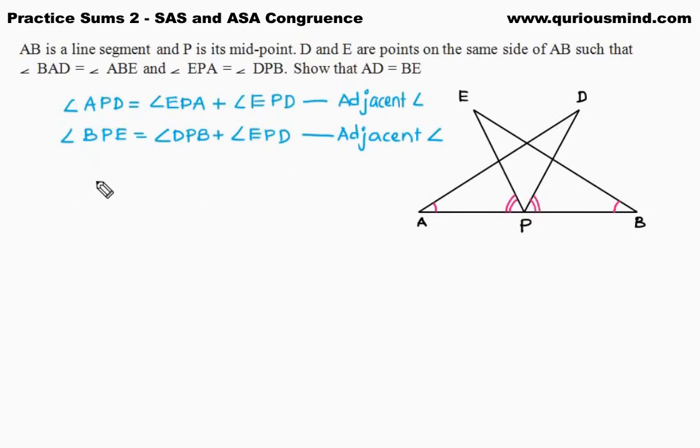Now we know that angle EPA is equal to angle DPB. So now here EPA is equal to DPB, and EPA plus EPD, EPA plus EPD. That means these two angles are equal because we are adding equals to equals.